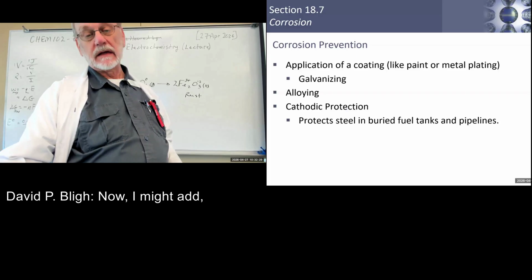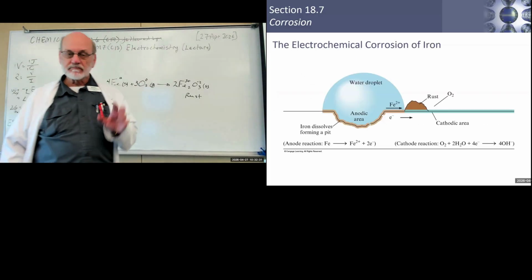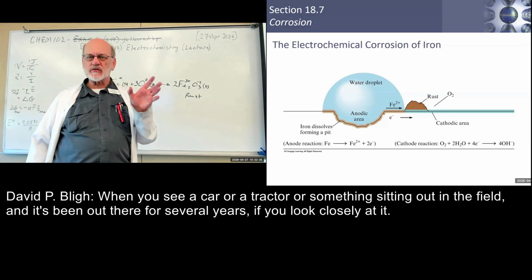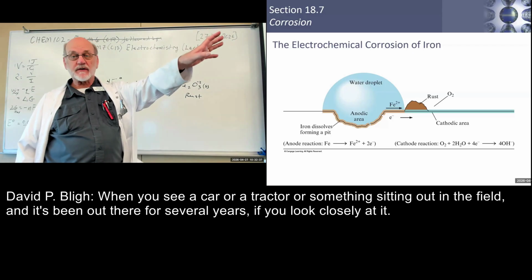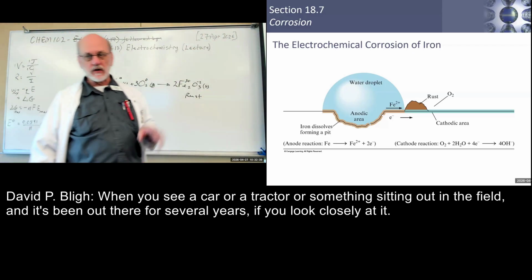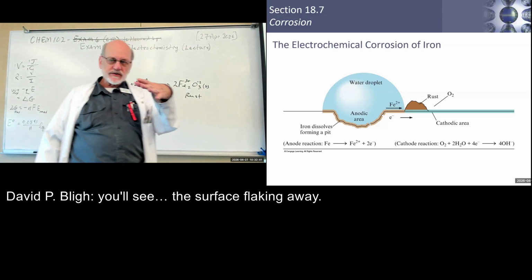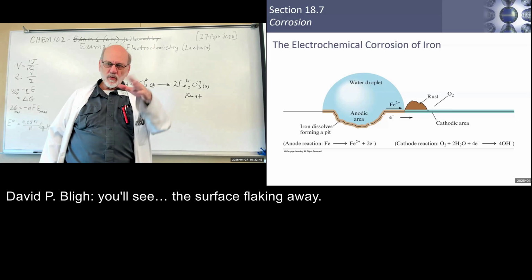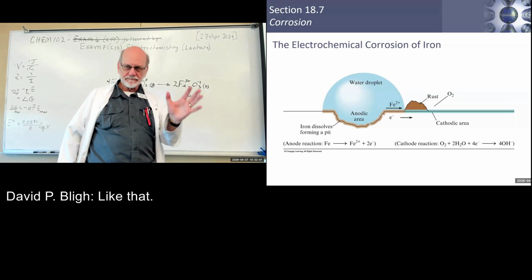Now I might add, when you see a car or a tractor or something sitting out in the field, and it's been out there for several years, if you look closely at it, you'll see the surface flaking away like that.